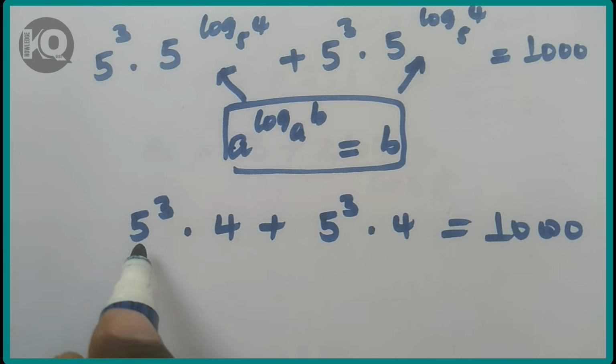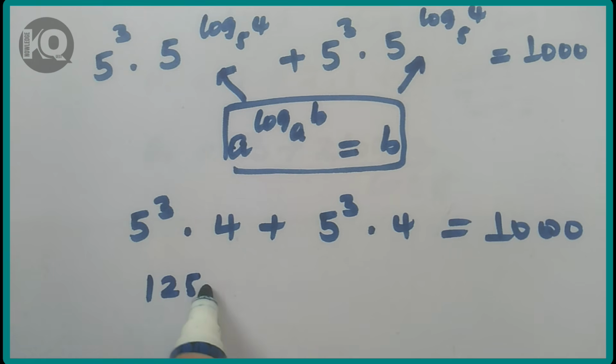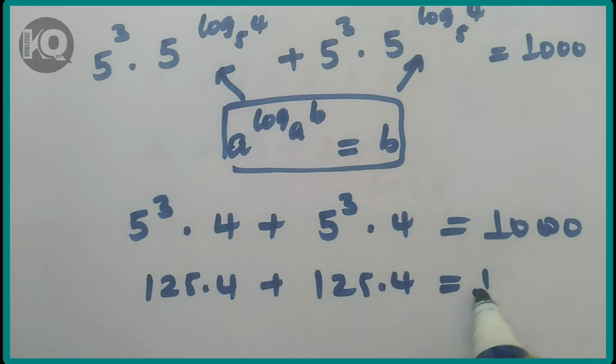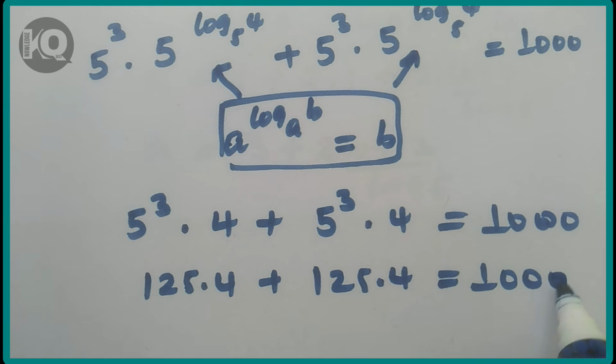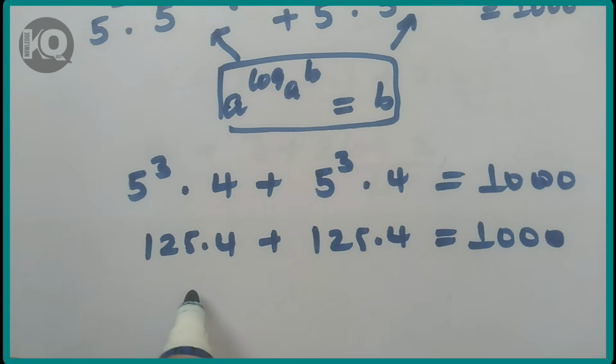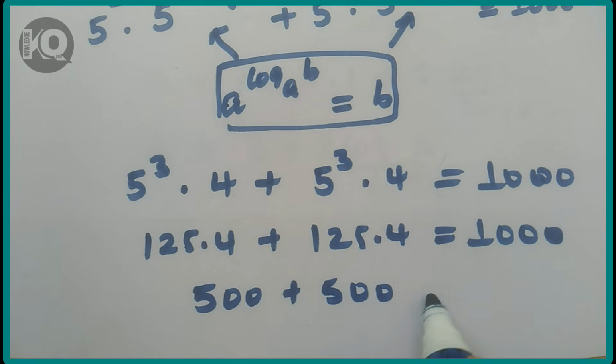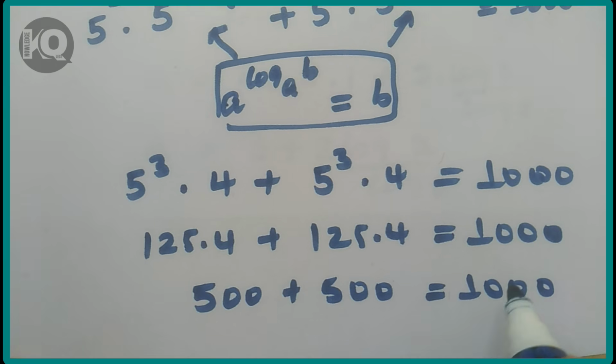So this will be 5 cubed, which is 125, times 4 plus 125 times 4, which is equal to 1000. So it will be 500 plus 500, which is equal to 1000.